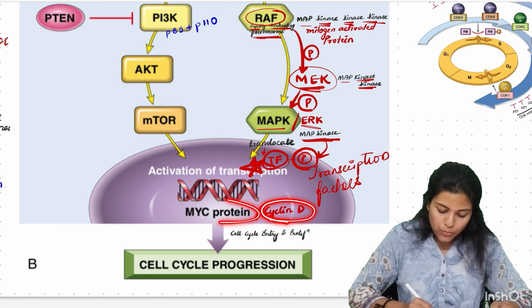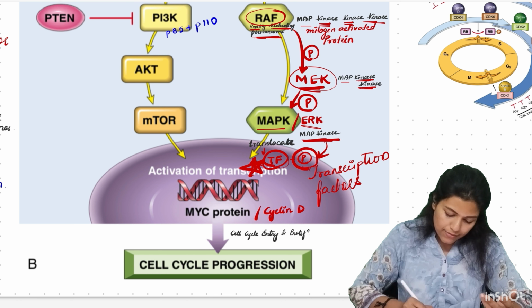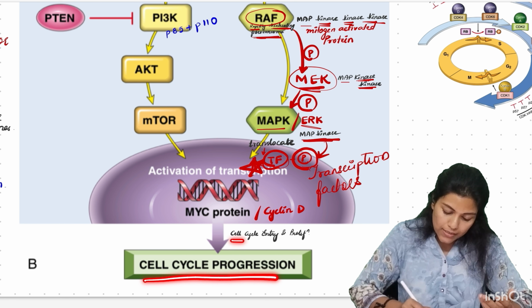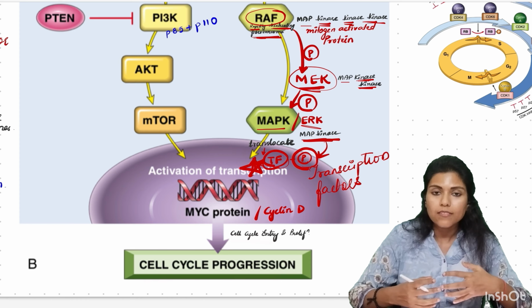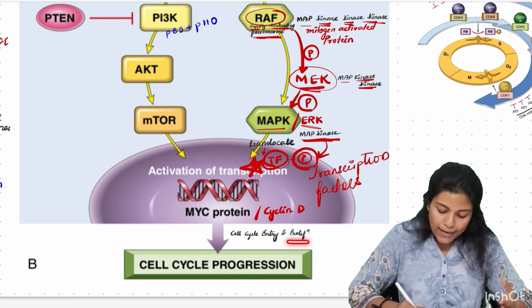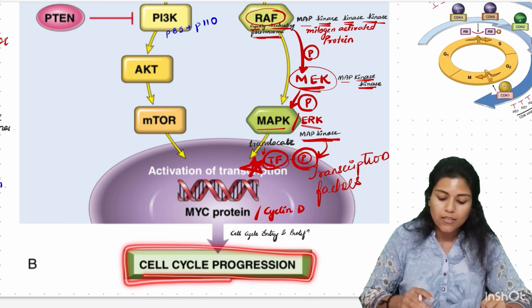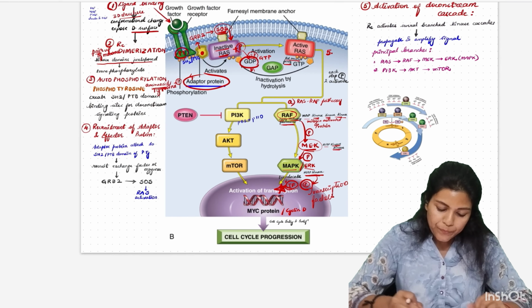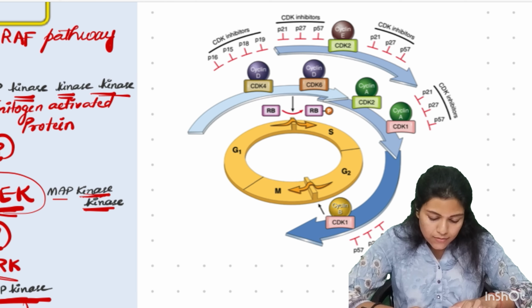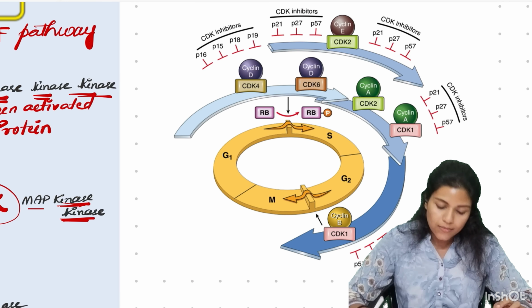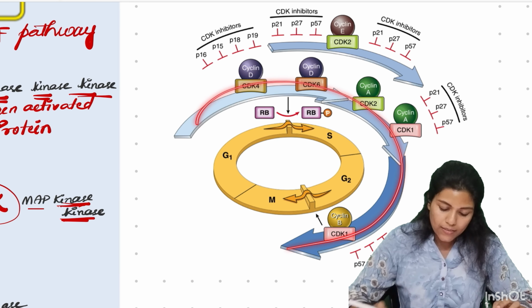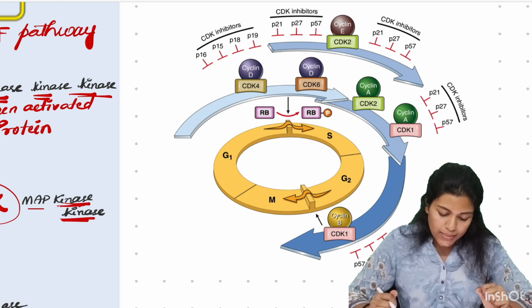These are a few genes expressed because of transcription factors. Cyclin D or the MYC protein are involved in cell cycle progression. They cause the cell to enter the cell cycle and cause proliferation. Therefore, ultimately cell cycle progression occurs. Cyclin D, we have known from this image also taken from Robbins. This is the cell cycle from G1 to S. All the phases of the cell cycle are present.